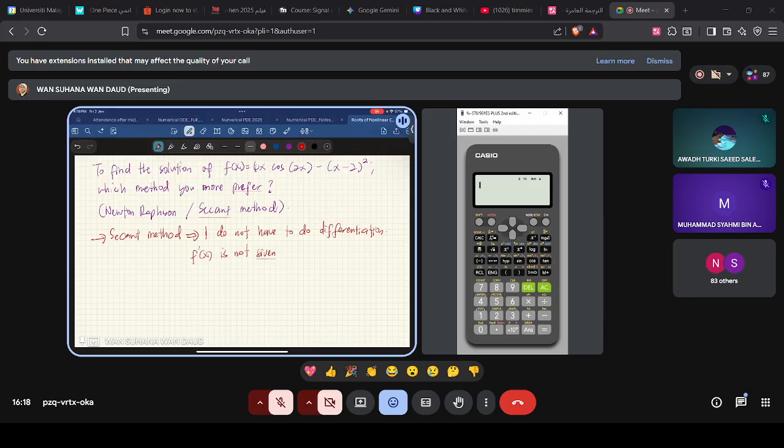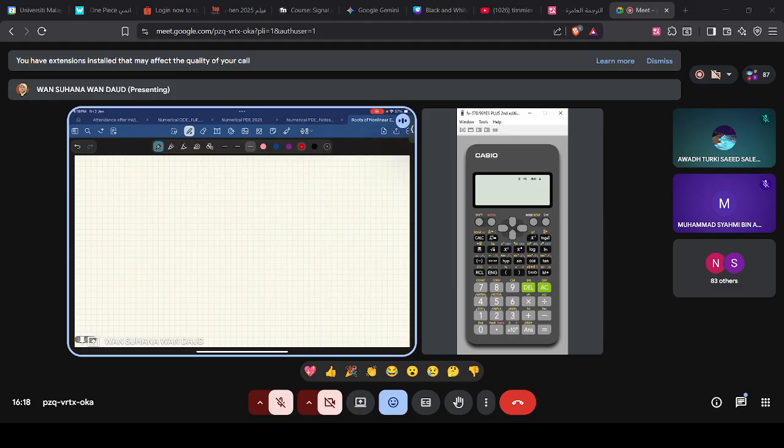Newton-Raphson provides less iteration compared to the second method. So maybe I can conclude here. Newton-Raphson versus second method.